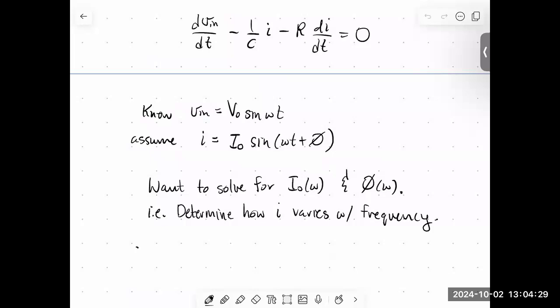Okay, so let's start by evaluating dV_in/dt. And so the sine becomes a cosine and we pick up a factor of omega. So that's going to be omega V naught cos omega t.